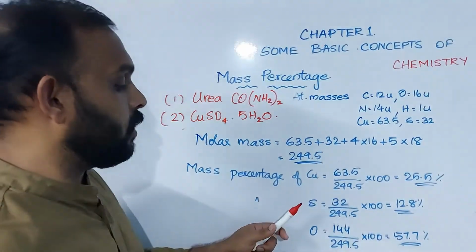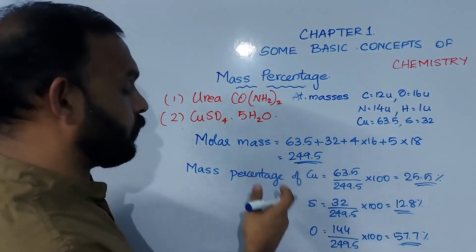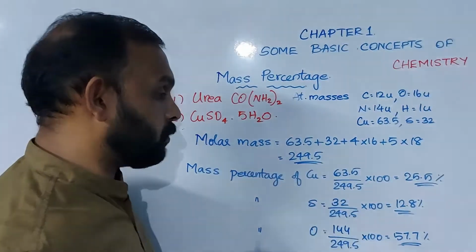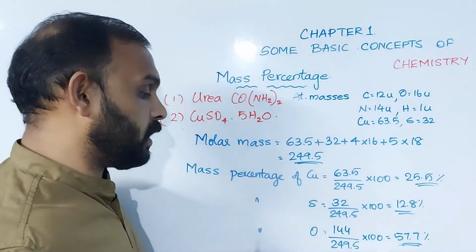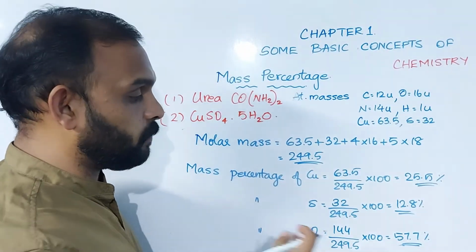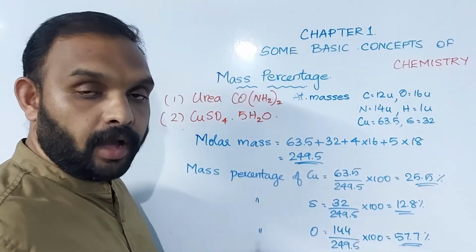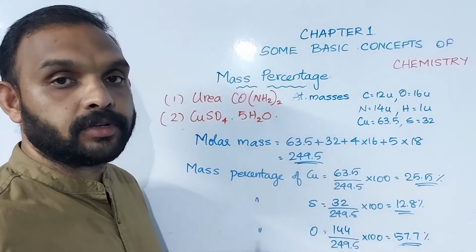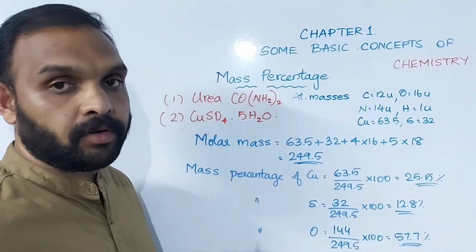So these are the answers of different elements' mass percent. Copper is having 25.5, sulfur is having 12.8, oxygen is having 57.7 and hydrogen is having 4%. Now I hope you are able to find out the mass percentage of each element from a compound.